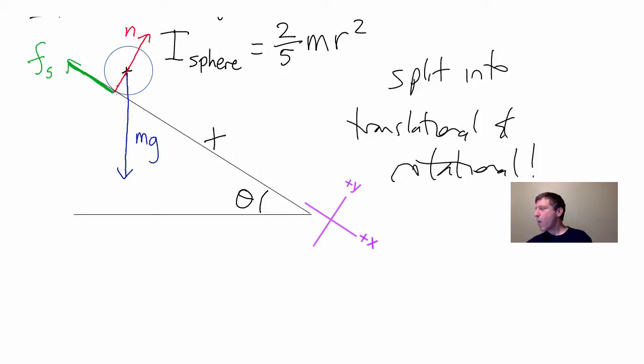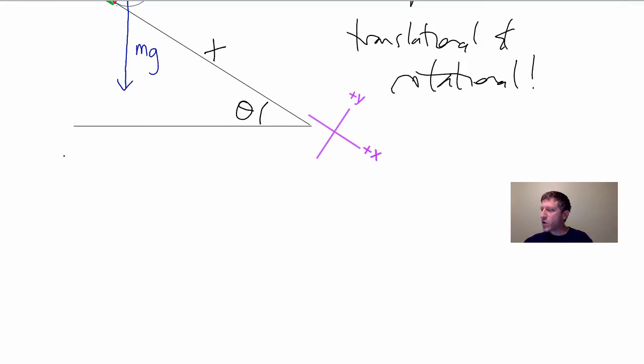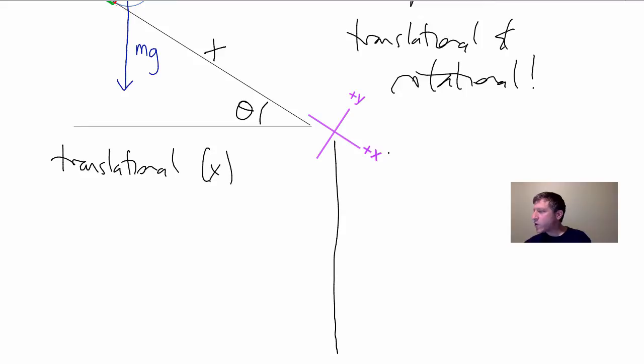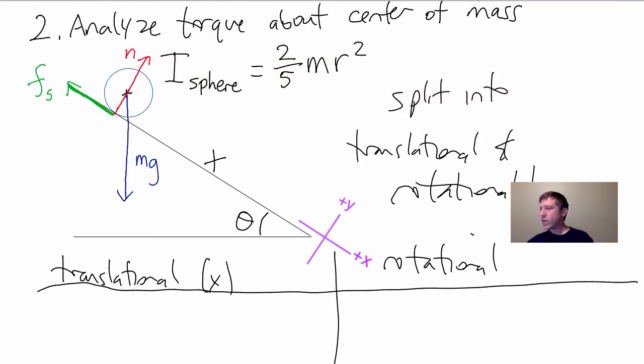So I'm going to skip the Y analysis. We're just going to stick with the translational, which is going to be in the X direction. And then we're going to also have the rotational motion. It's kind of a similar thing where you split into X and Y, but we're going to split into translational and rotational. Now, let's see what we can do about the translational motion.